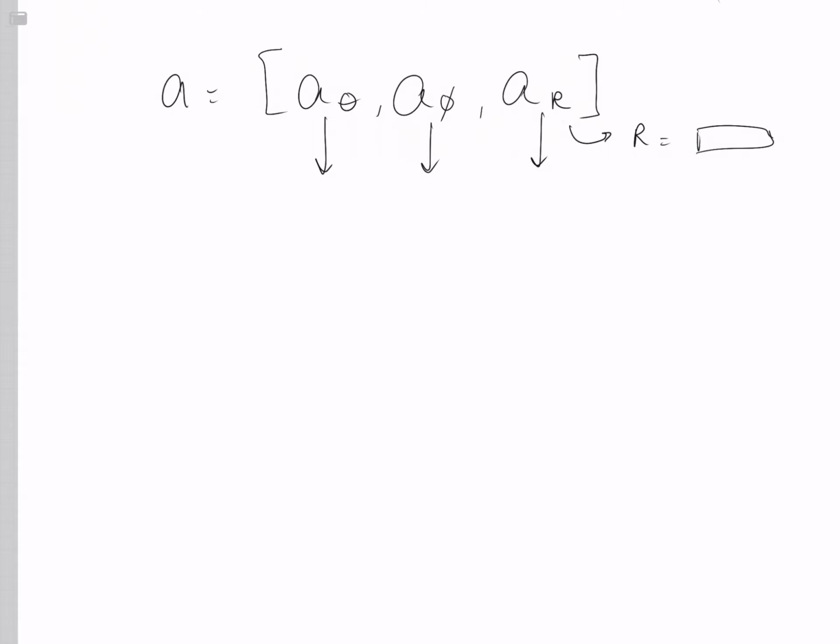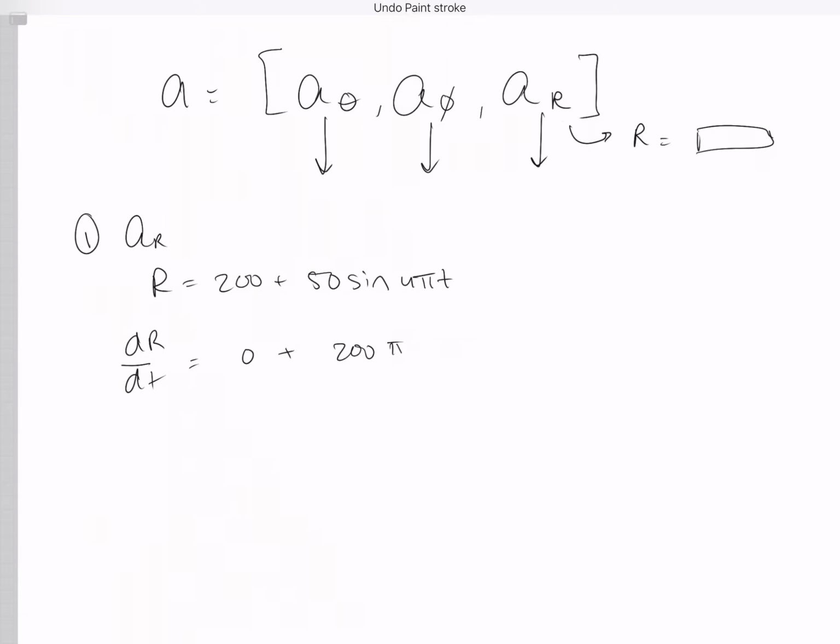So, let us first look at the acceleration of r. And we will determine that using that equation. And I went ahead and plugged in that n here. And let's get dr dt, which is 0 plus 200 pi times cosine of 4 pi t. And if we went ahead and solve for acceleration, we would get negative 800 pi squared sine of 4 pi t.